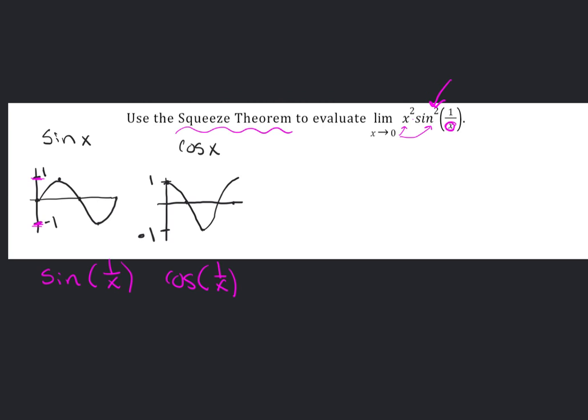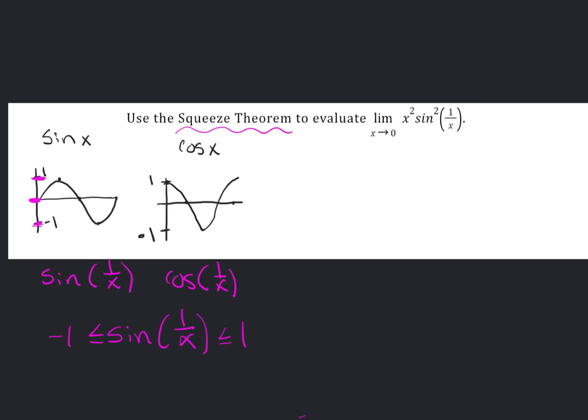Those functions are always ranging from -1 to 1. But now for this example, it's sine squared. So sine squared is actually in between 0 and 1.